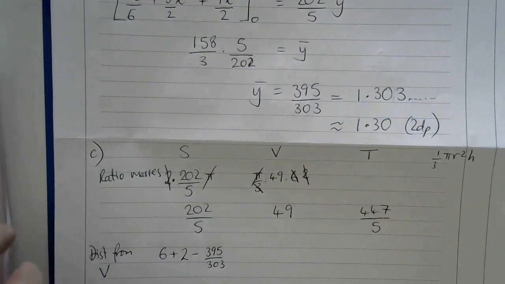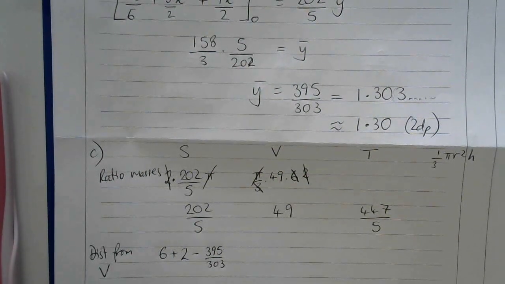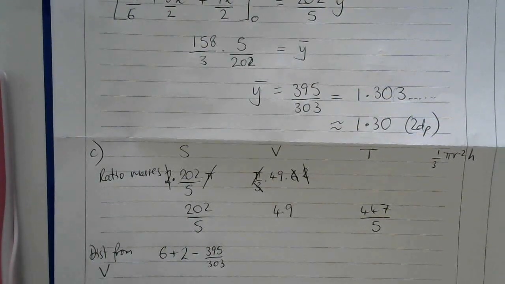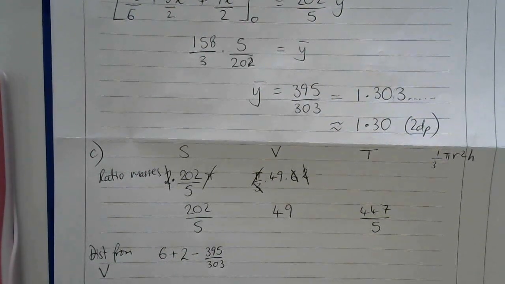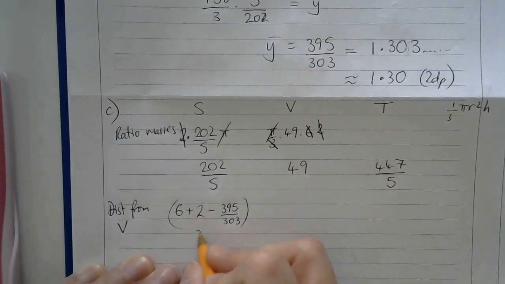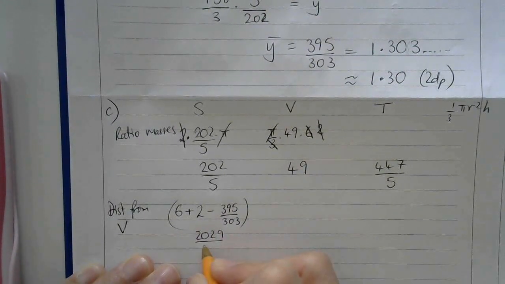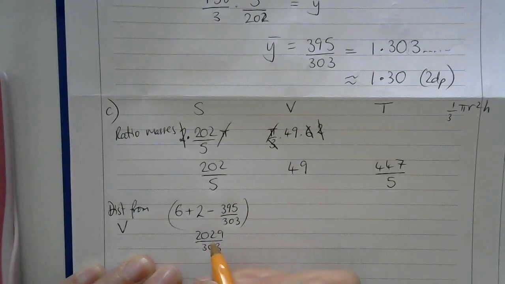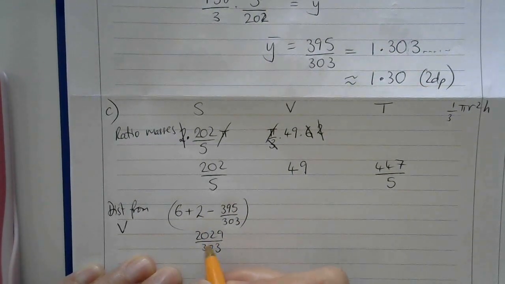So 6 plus 2 minus 395 over 303. And so that gives me 2029 over 303. And so now I've got a completely accurate value for this.